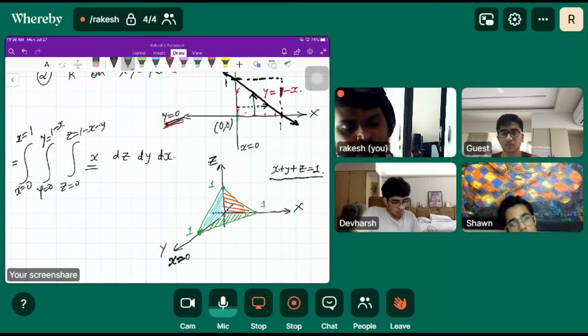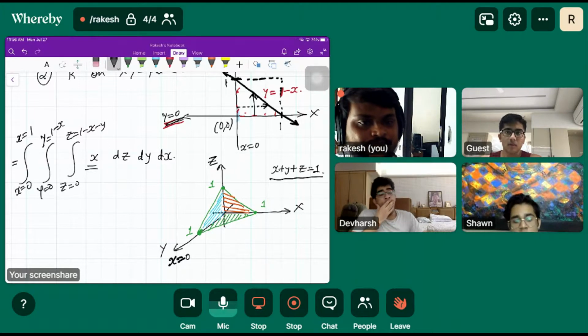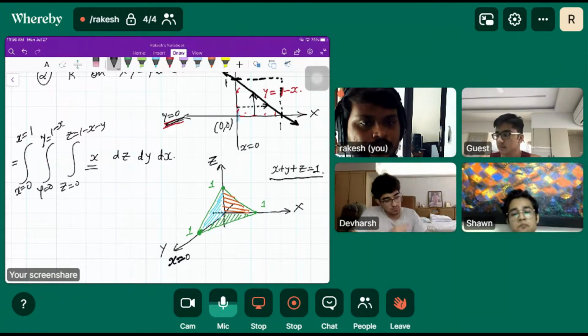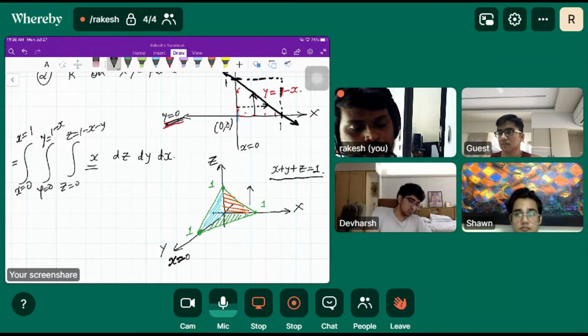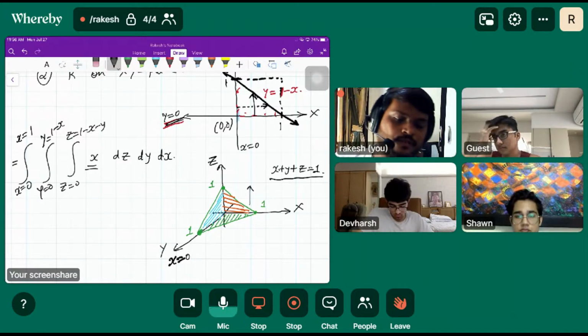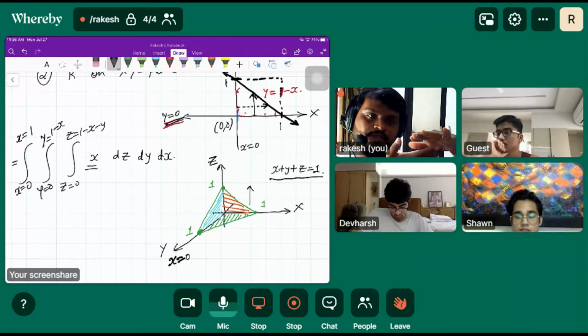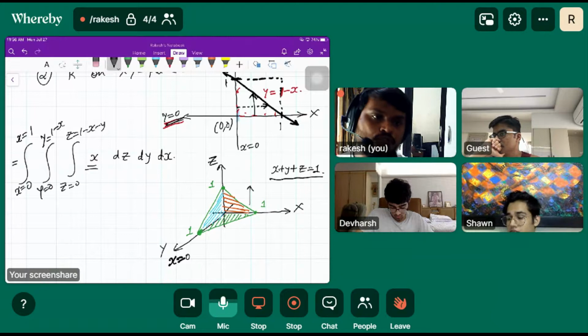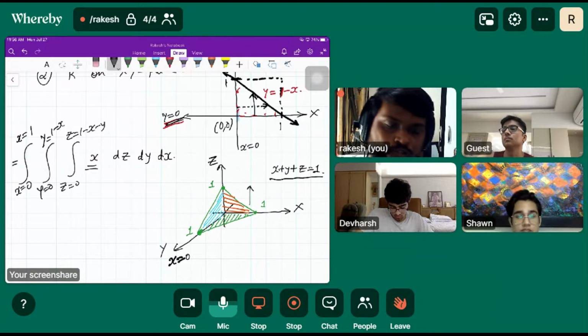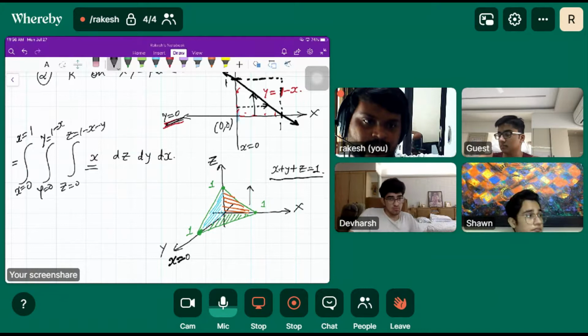Now the question is, we are going for z simple. So we'll check the two functions that define this region between two surfaces. One of the surfaces is z is equal to 0, that is your xy plane, right?